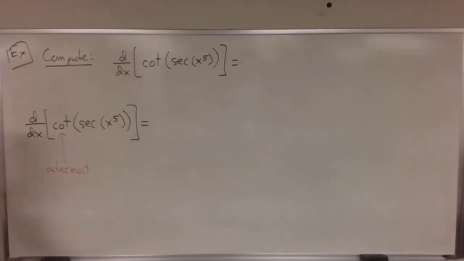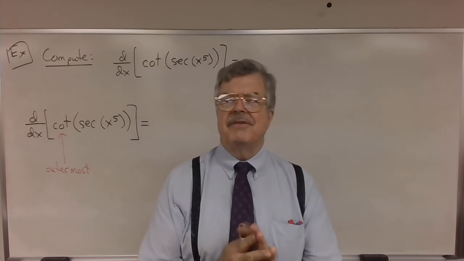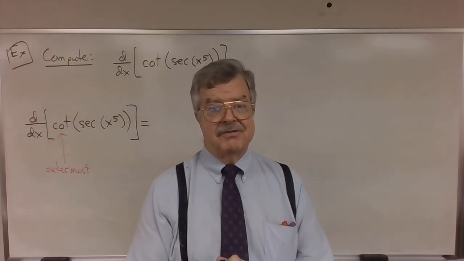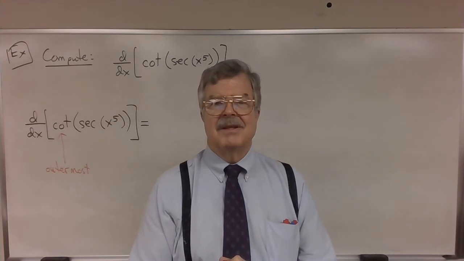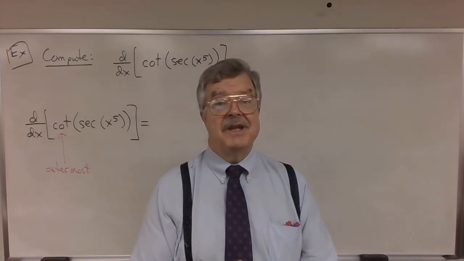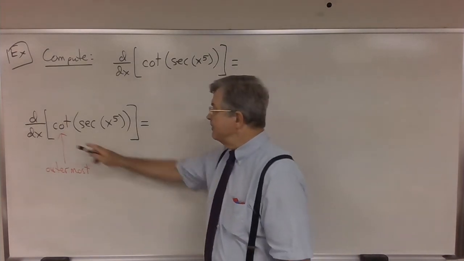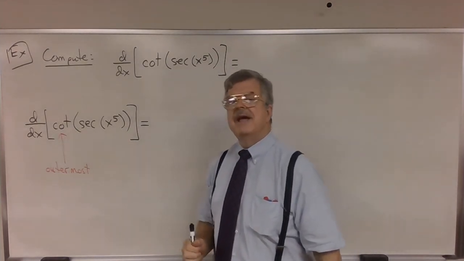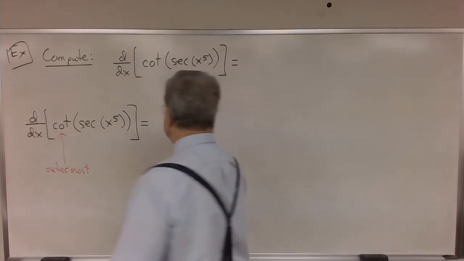And what's the derivative of cotangent of something? See, what's the derivative of cotangent of x? It's negative cosecant squared of x. So the derivative of cotangent of something is negative cosecant squared of something.